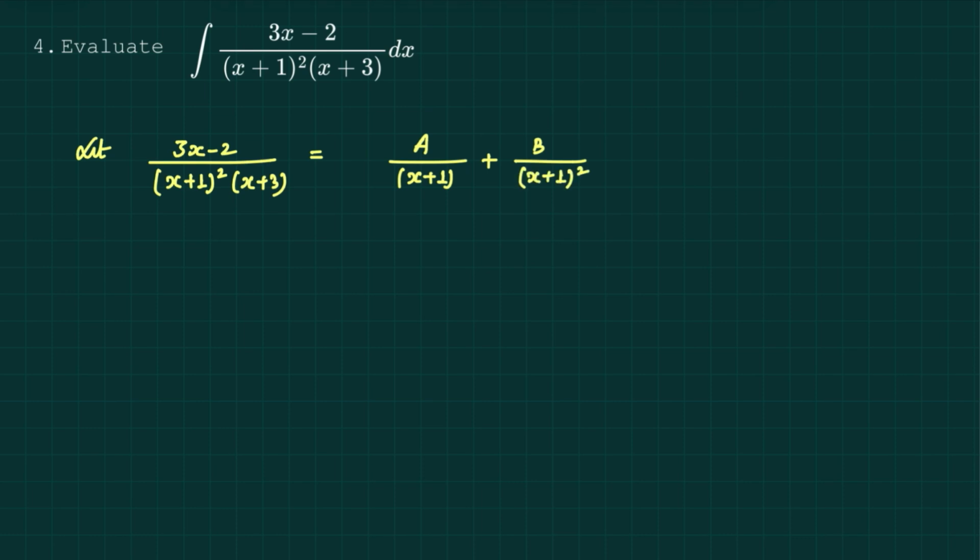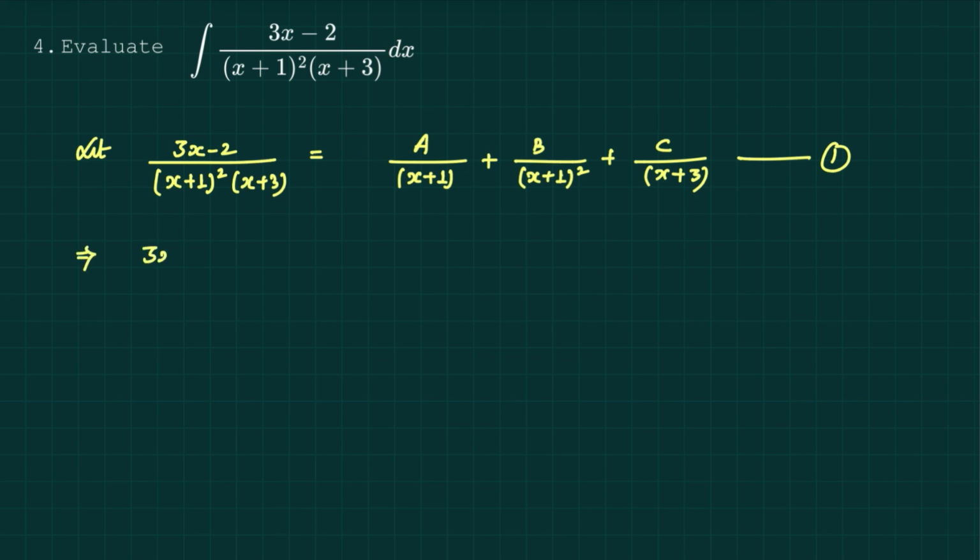Since there was x plus 1 whole square, we have to assume in this manner. In the first term we will write x plus 1 only, and in the second term x plus 1 whole square, and obviously for x plus 3 there should be a separate term. So let that term be c over x plus 3. Let this be equation 1.